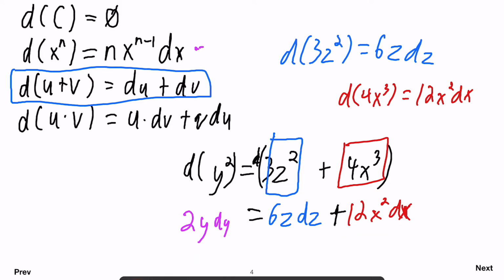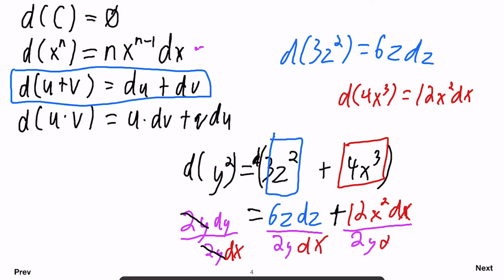So we'll divide both sides by 2y. So this 2y will cancel. And then we'll divide both sides by dx, and these will cancel. So then that gives you your final result.